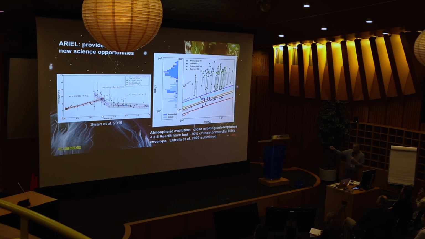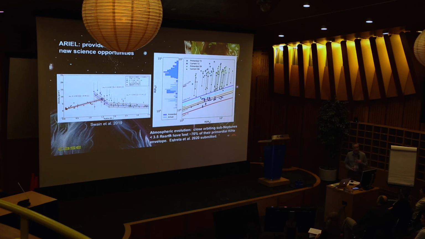One of the interesting findings from this work, which is now on the archive and is a publication led by Reza Estrella, is the finding that even the small sub-Neptunes go through significant atmospheric evolution and lose about 70% of their envelopes. So that really suggests something very exciting, which is that, at least for smaller planets, atmospheric evolution is something that's happening all the time, right?